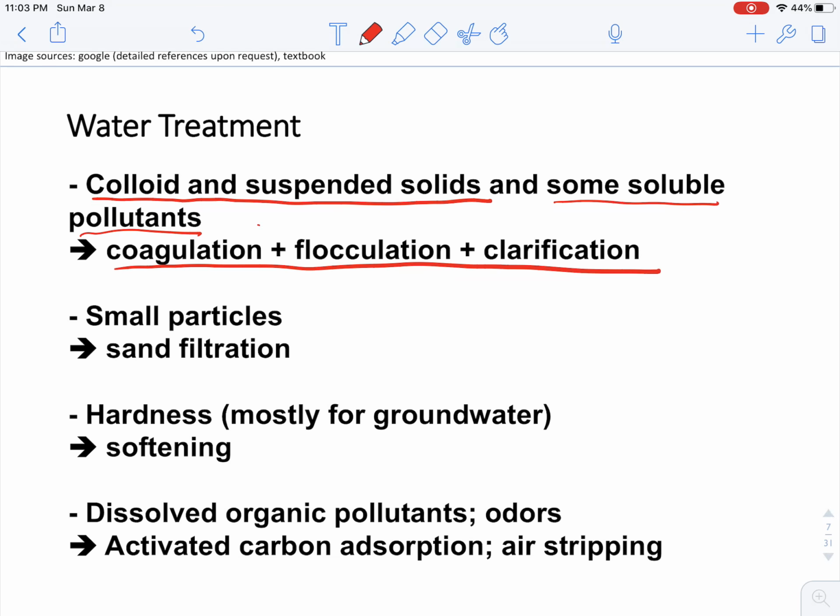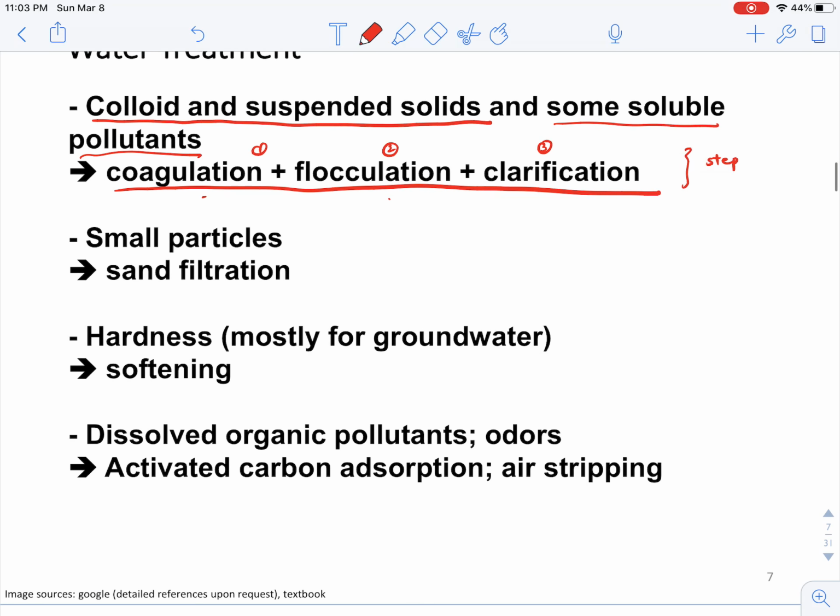So notice that this is a series of treatment, but actually, once one of these happens, the other two have to accompany it, right?